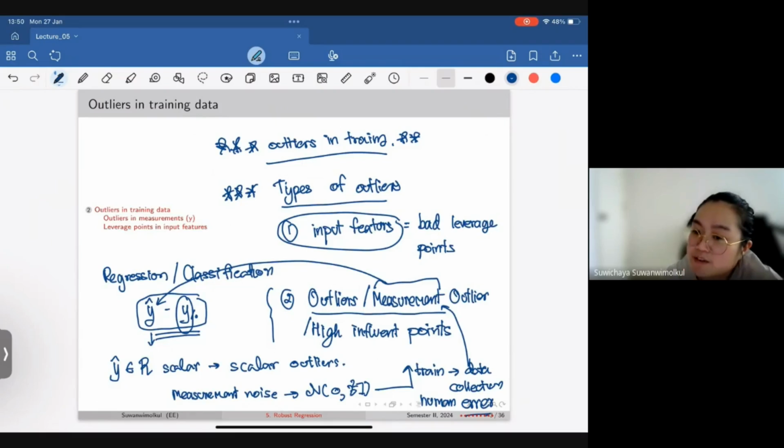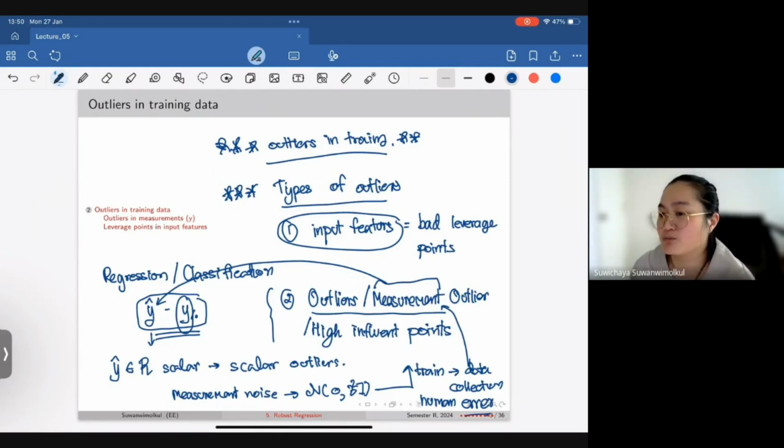For example, we may be using images taken from cameras as our input features, but the camera sensors may not be working 100% perfectly, so some of the pixels in the images may be black or dark. Then those features will be inaccurate. That's just an example of how the input features may not be 100%, and therefore they can also be the bad leverage as well.